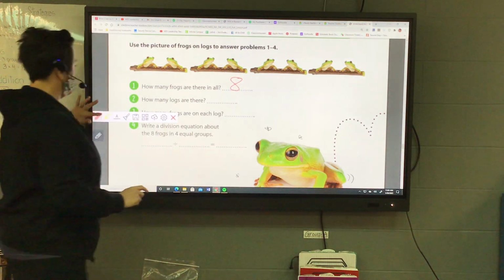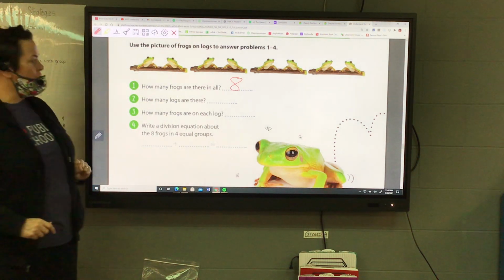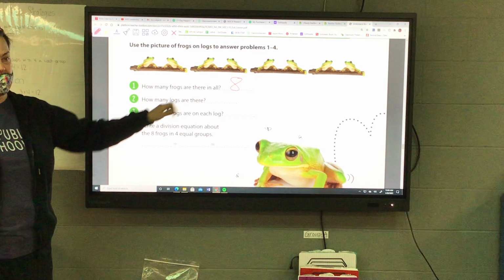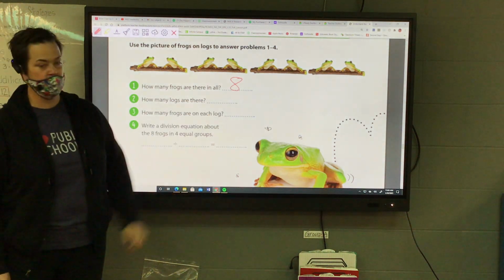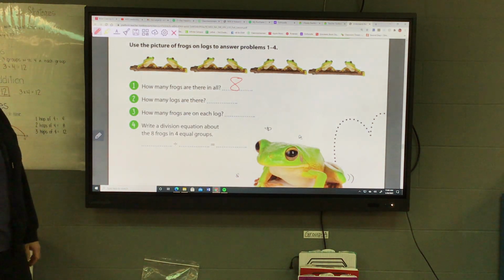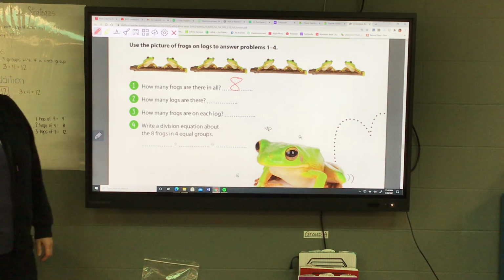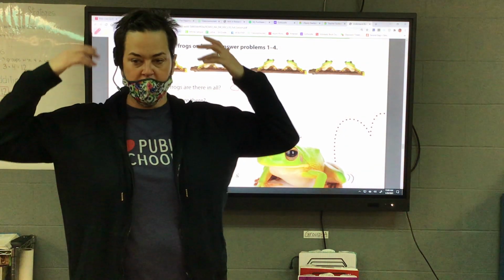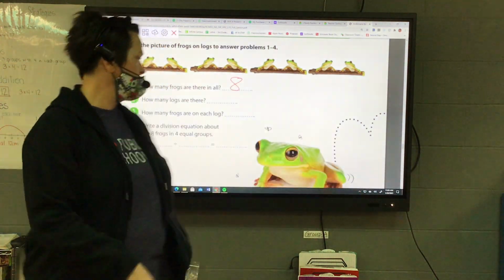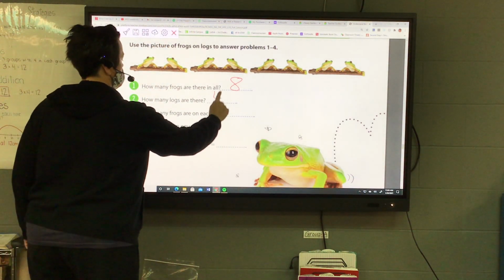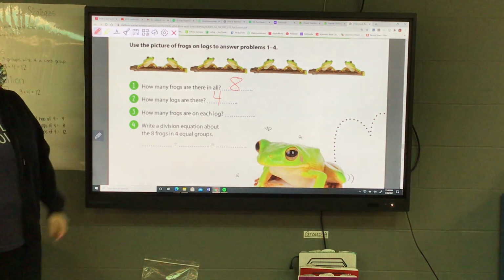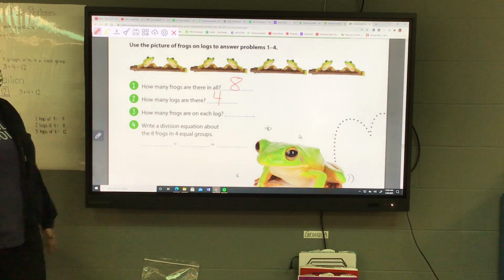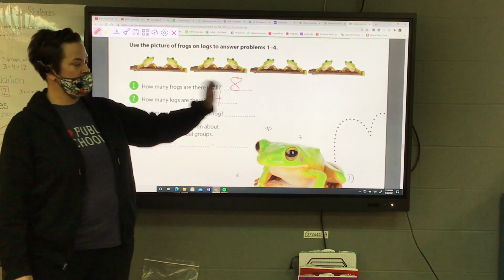Now, how many logs are there? Write that number down on part 2 here. Everybody, what did you write down for how many logs there are? 4. Okay. Now, how many frogs are on each log?